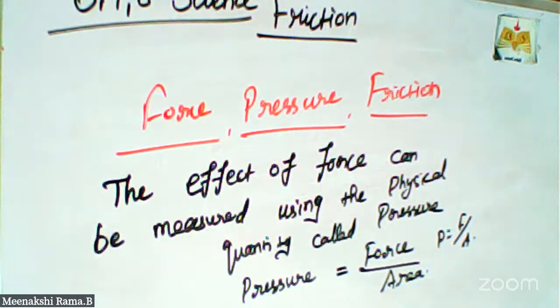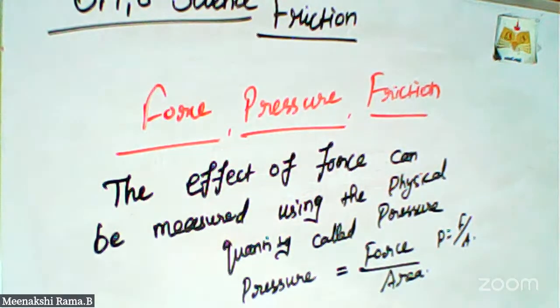So the SI unit of pressure is Pascal. 1 Pascal is equal to 1 Newton per meter square. Pressure exerted by a force depends on the magnitude of the force and the area of contact.